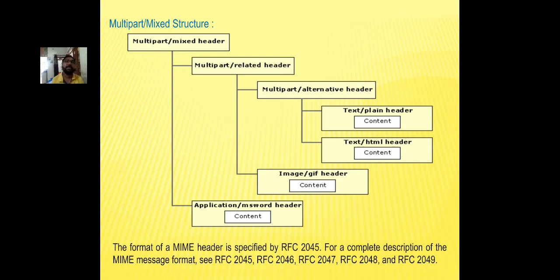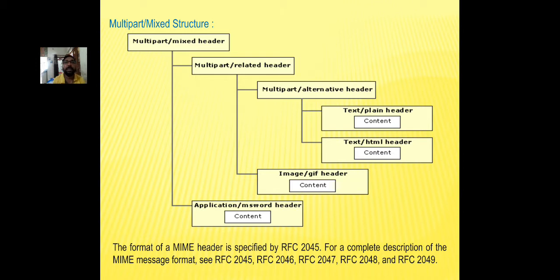Here is the diagram showing multipart/related and multipart/alternative structure. The multipart/related header, multipart/alternative header, text/plain header and text/HTML header. Connected to the alternative header are the image/GIF header and the application/MS Word header.